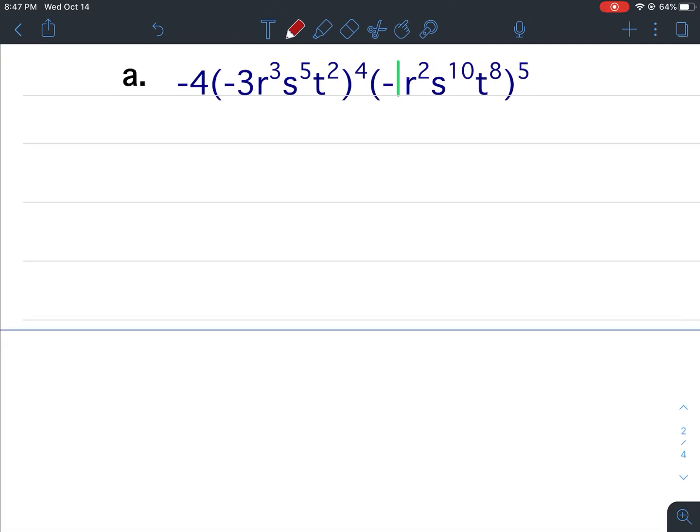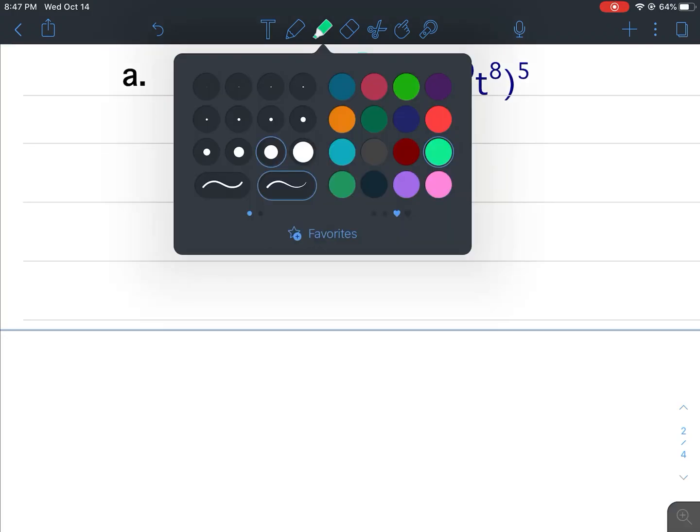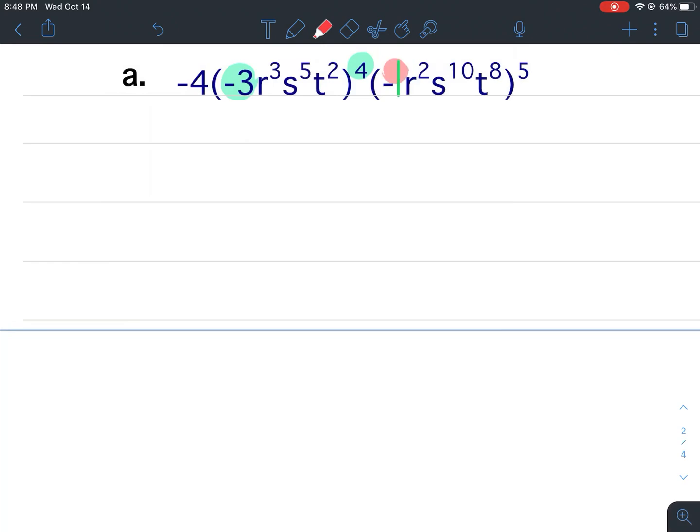So for a power of a product, I've got this coefficient here, and I'm going to raise it to that power. Then I have this coefficient here, and I'm going to raise it to that power. So I've got negative 3 to the 4th power, negative 1 to the 5th power.